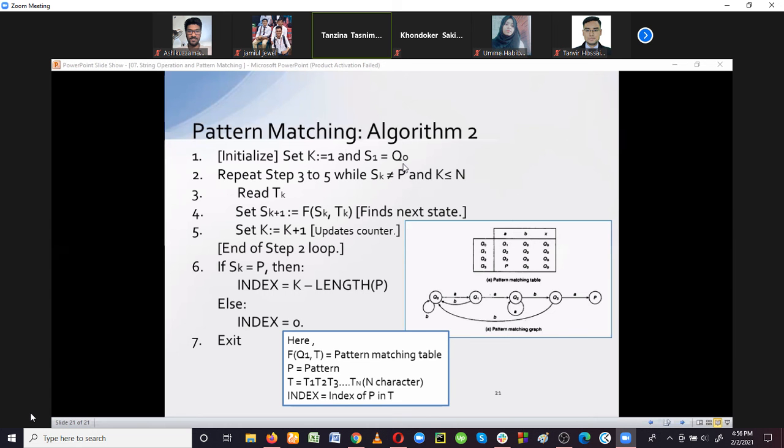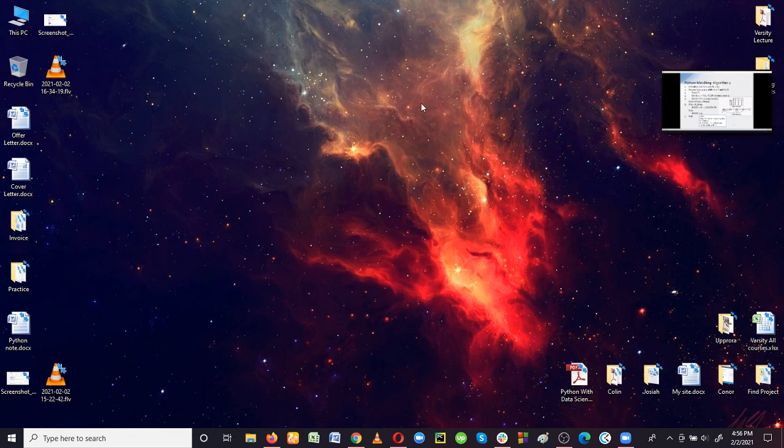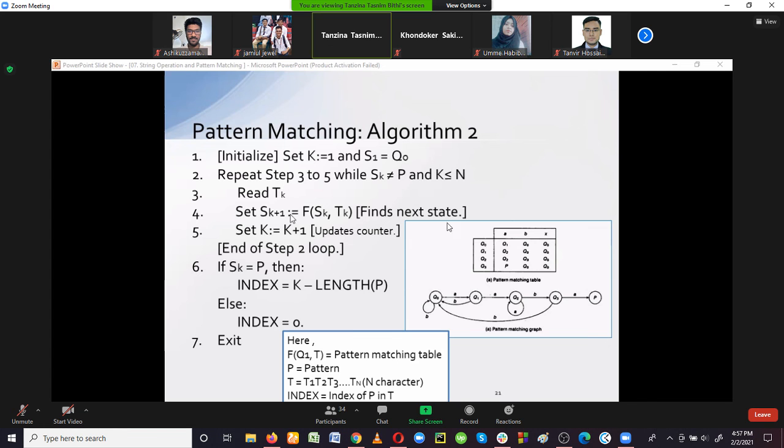P is our pattern, right? Suppose the pattern is AABA. So how many states do we have there? 5 states. And the last state is p, right? So we'll continue these steps until the state is p and k is less than or equals to n.